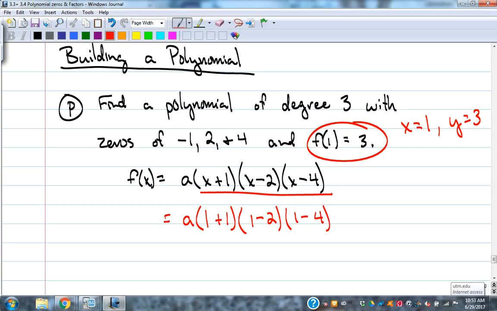A is the part I don't know. Remember that f of x is the same thing as y, so that should be 3. So I get this problem that's only got an a in the variable.